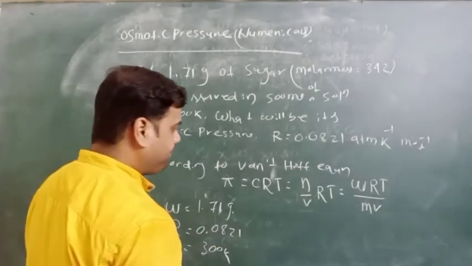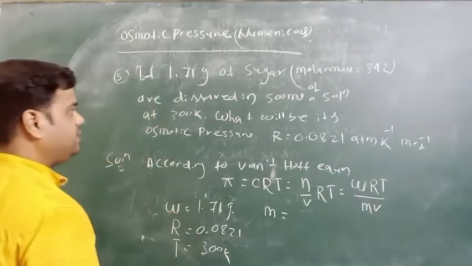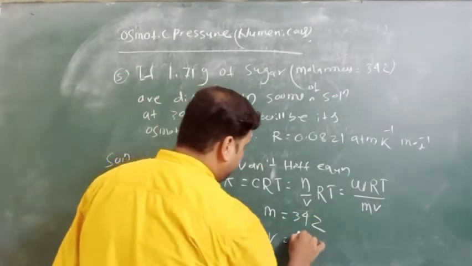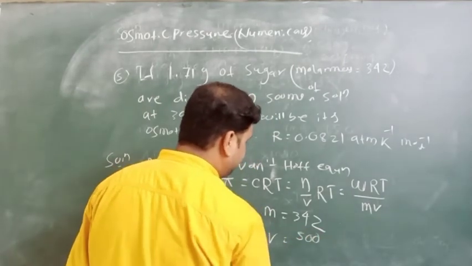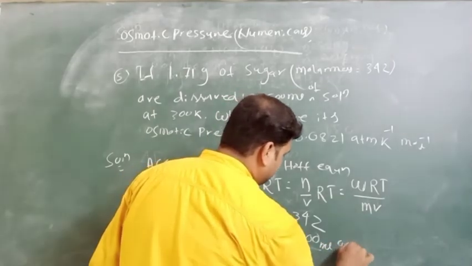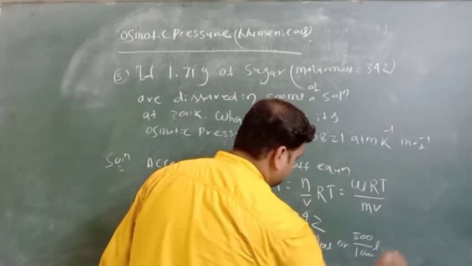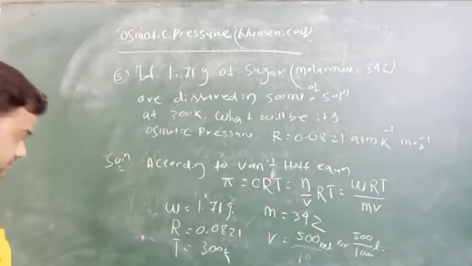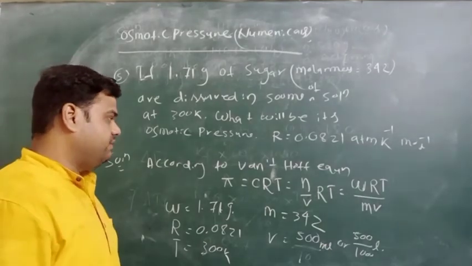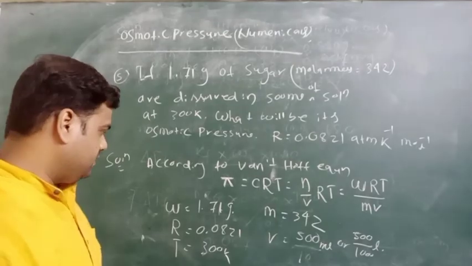M is also given, M equal to 342, and V equal to 500 ml, or we can write 500 by 1000 liter. Based on this data we can calculate the value of osmotic pressure, the value of pi.